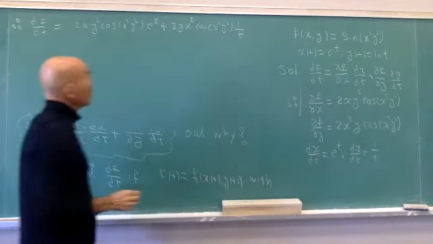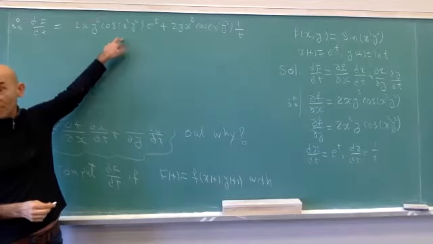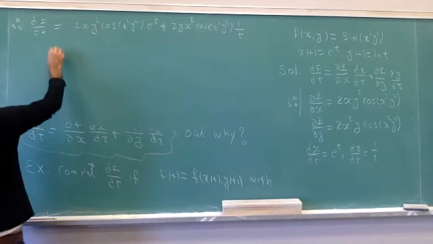But notice that we are not done yet because this guy still is in terms of x and y. So we still have to change those. Okay, so that's the next step, and that's easy.